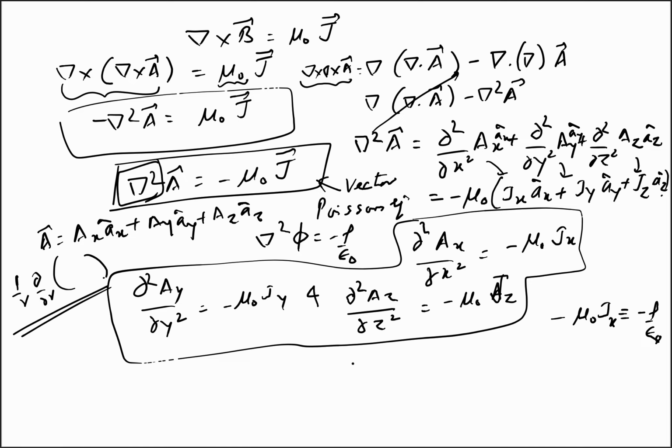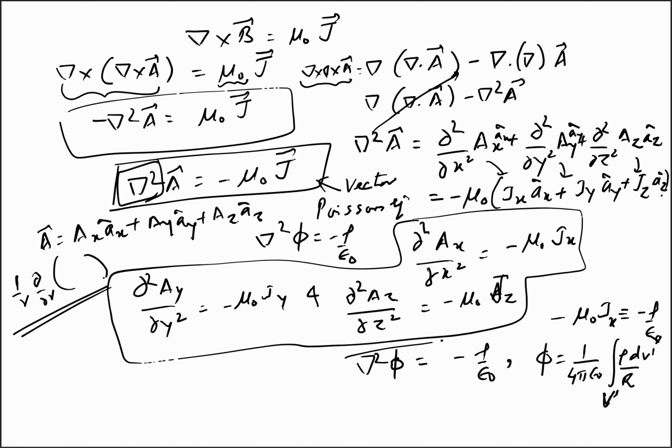So you have seen that del square phi is equal to minus rho by epsilon naught had a solution phi is equal to 1 upon 4 pi epsilon naught integral of rho dv dash over the magnitude of the vector from source to the field point, and the integration was over the source volume.